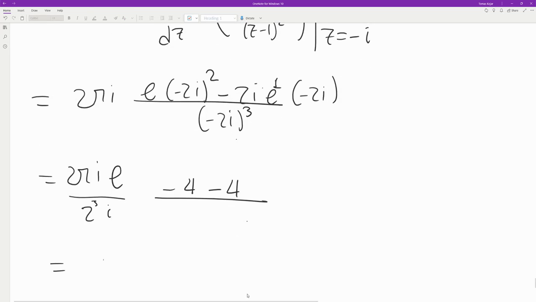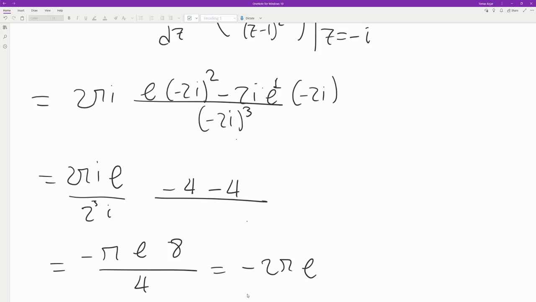So pi e, 8 and 4, 2 pi. Okay, so that's it.